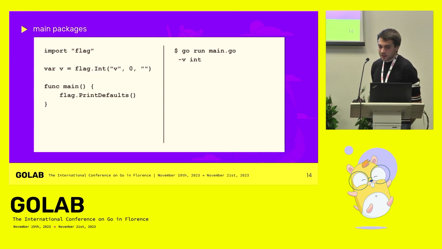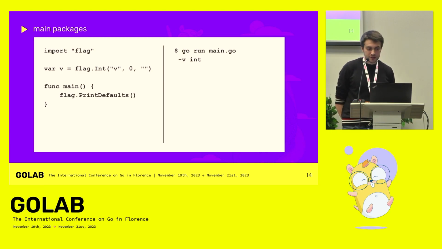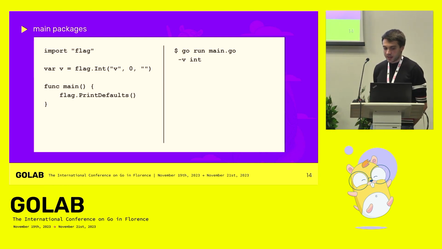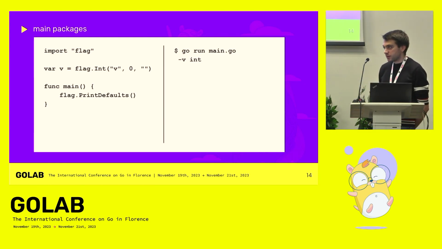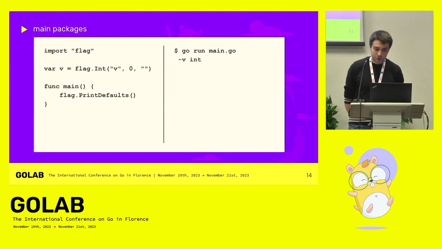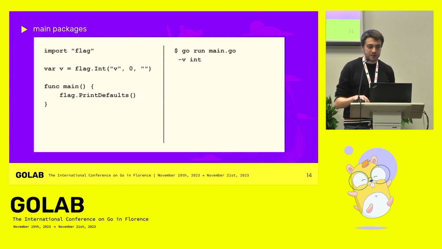The last thing that's interesting about package initialization is imports, right? So if you've got a main package that declares a flag, you do have the variable that holds the value of that flag, in this case a pointer to an integer, but the state that collects what flags you've registered is not in your own package, it's in the flag package, right?